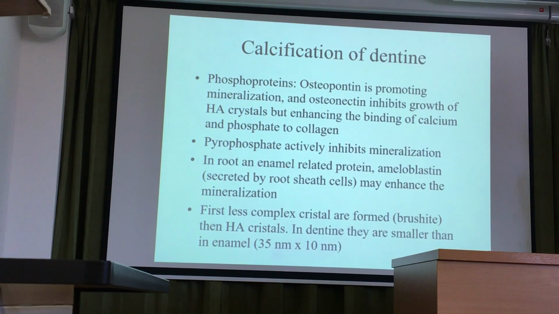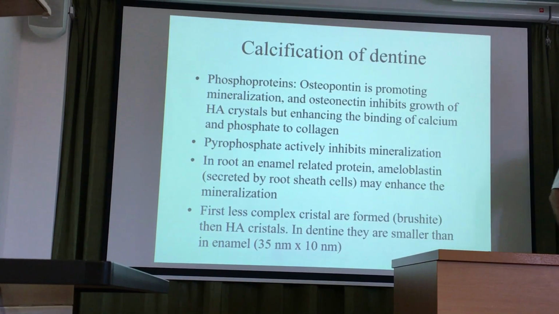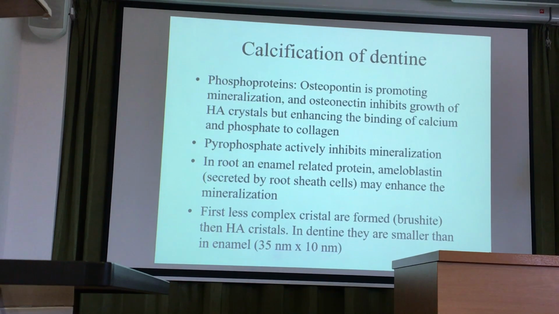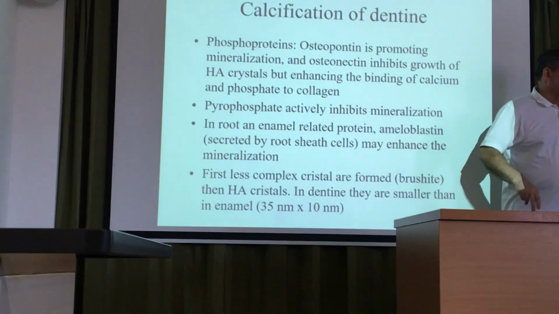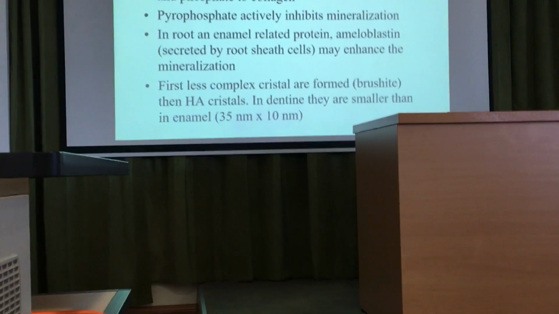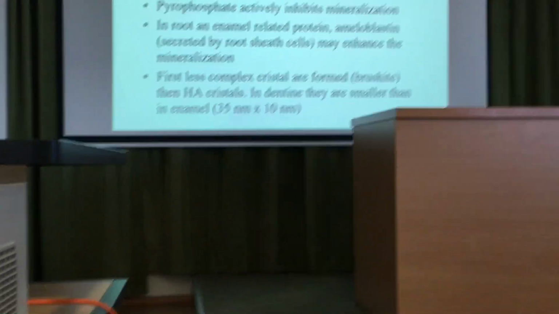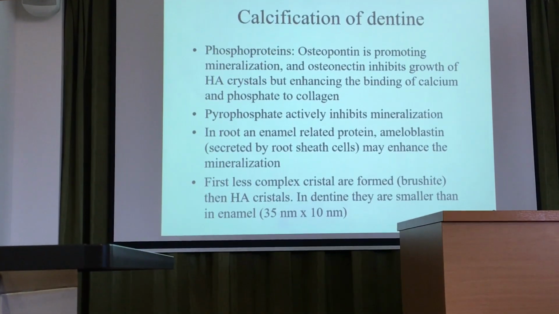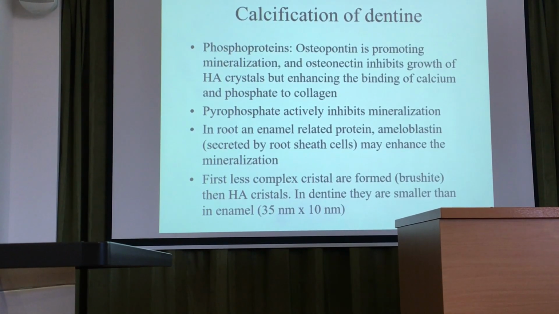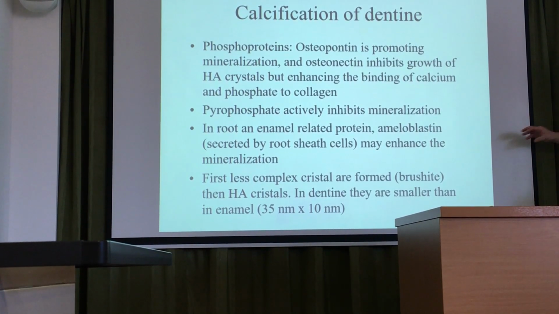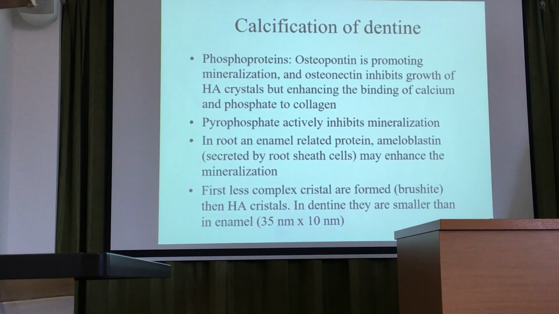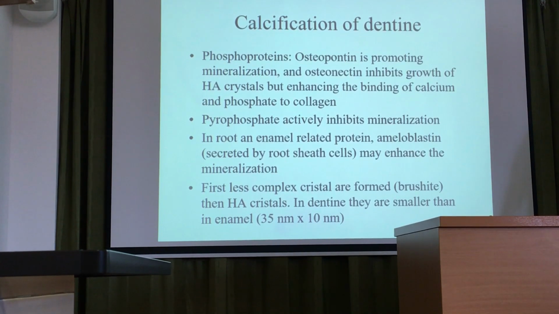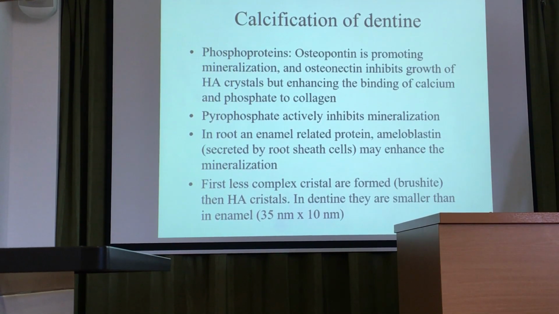And we have a special protein. It is a special enamel derivative protein, ameloblastin, covering the root surface, coming from the root sheath. This special protein is important for us because it is used even in clinical practice, in regenerative surgery, in regenerative Endogain, maybe you know this.